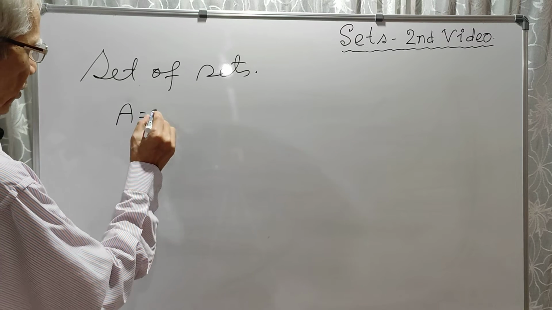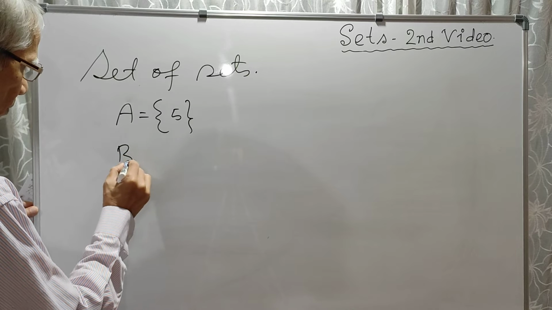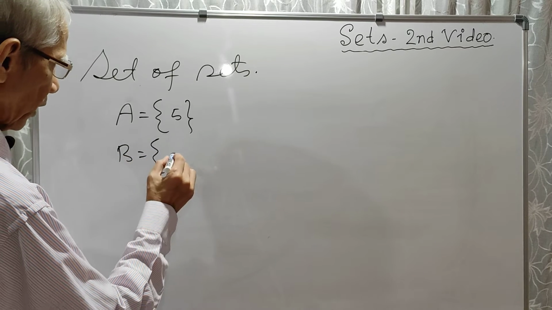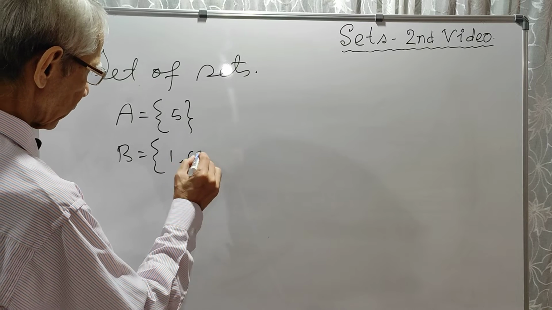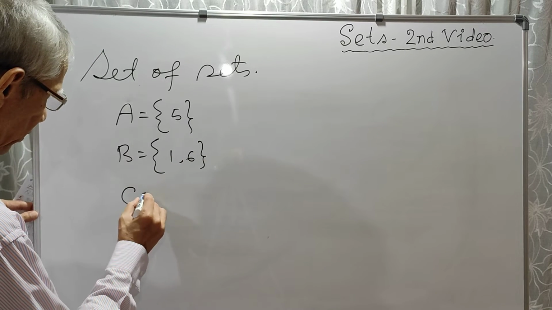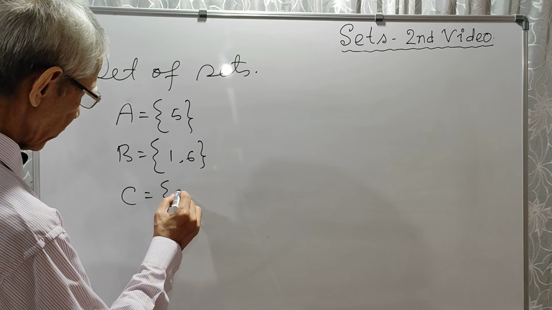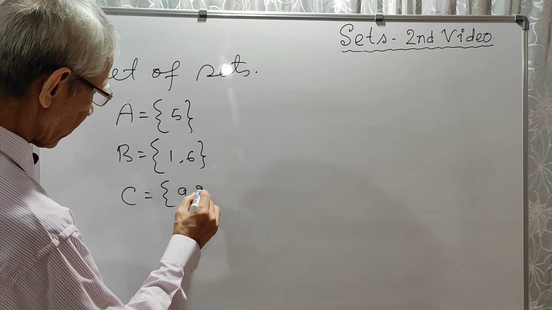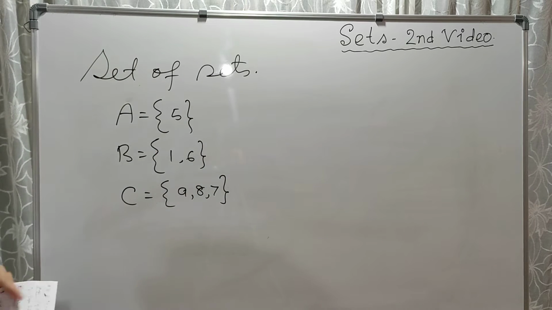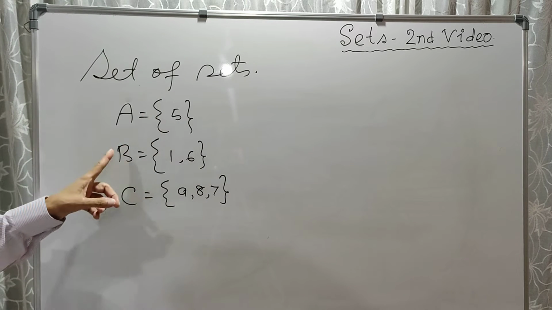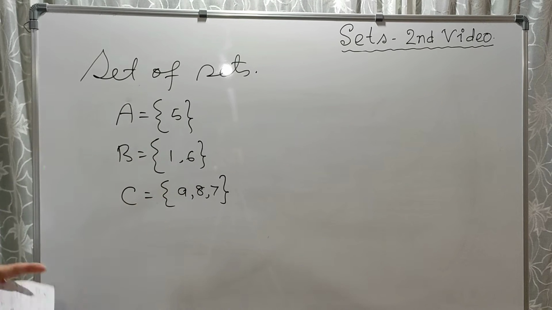Suppose A is a singleton set, B is another set of two elements, and C is a set containing three elements. These three are sets. This is a singleton set, this contains two elements, this contains three elements. Now each of them is a set.